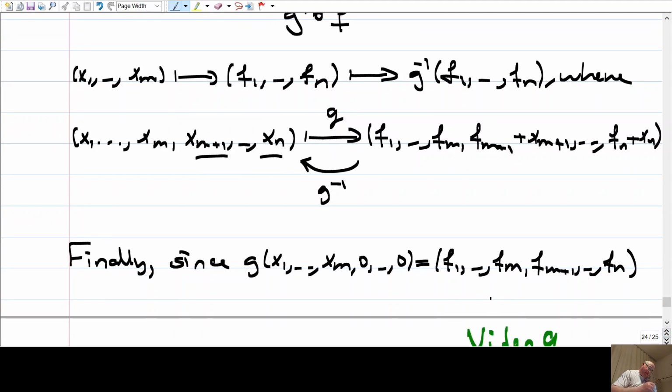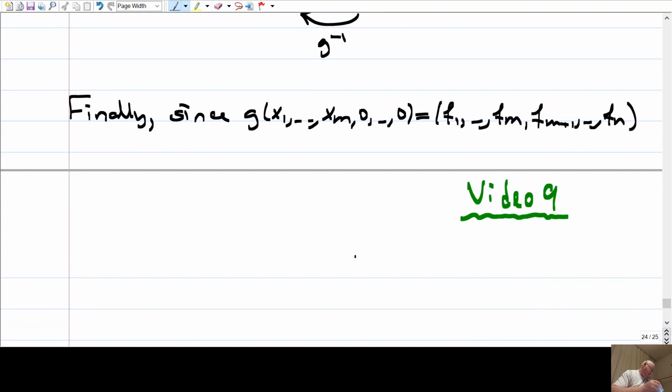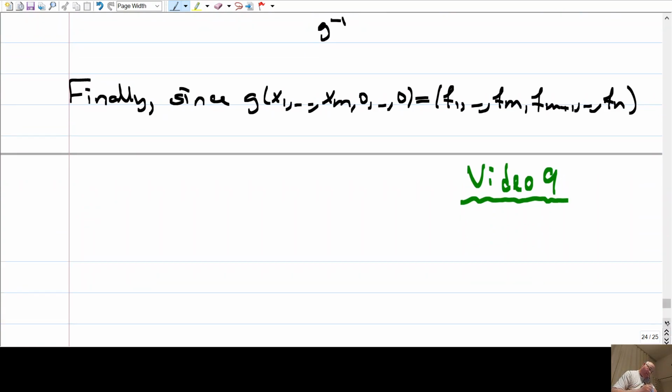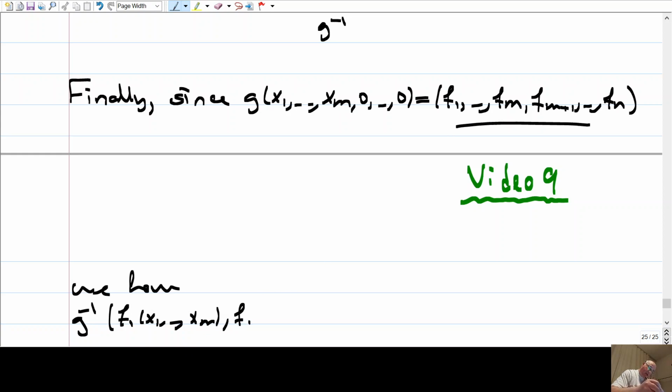Since this is the case, we have G inverse of f1 of x1 up to xm, up to fn of x1 up to xm.